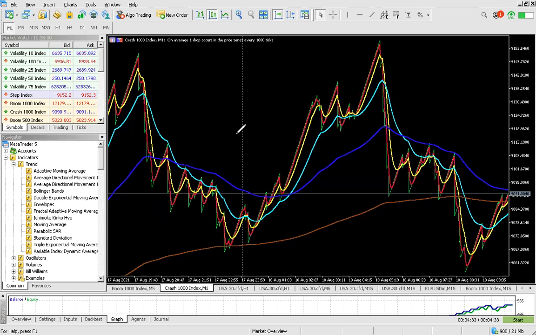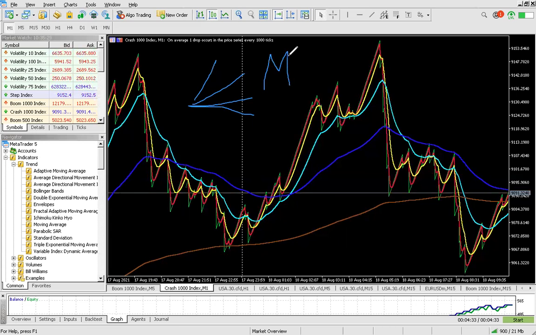Okay, now what usually happens is this: when the EMAs are spaced out like this, and you see a peak formation, probably a double top.